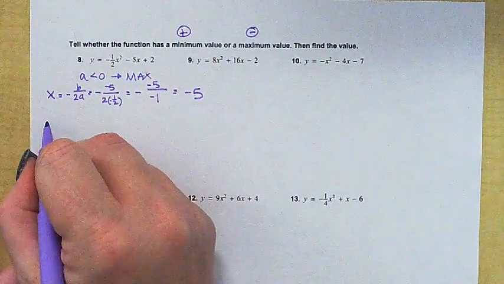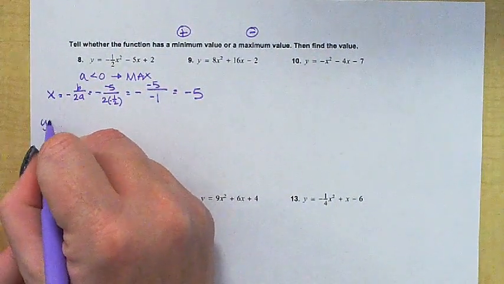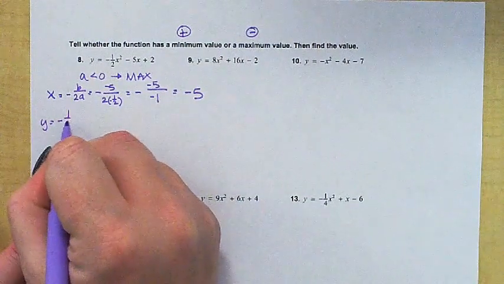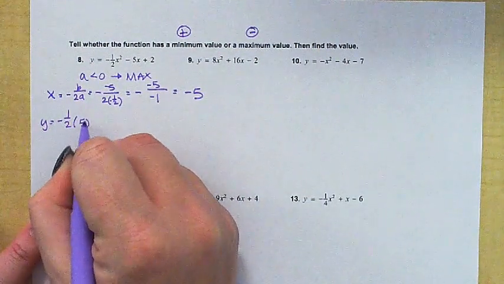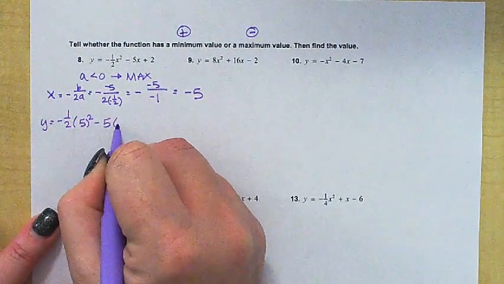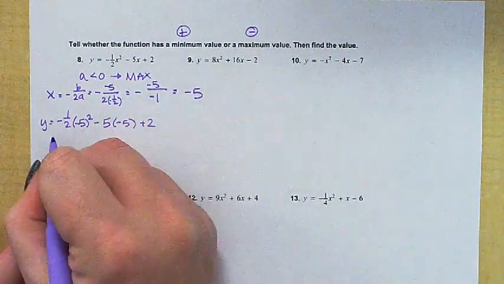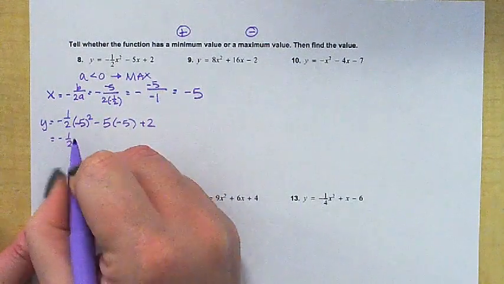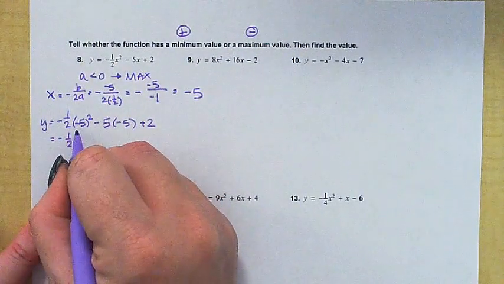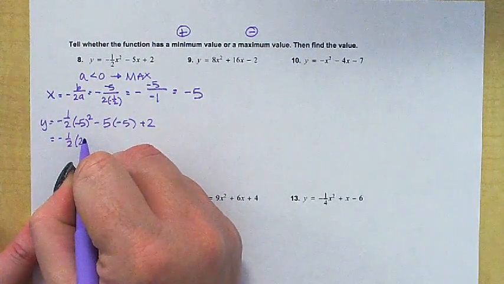We're going to plug that back in to find our y value. -5 times, oh sorry, -5 squared is 25.